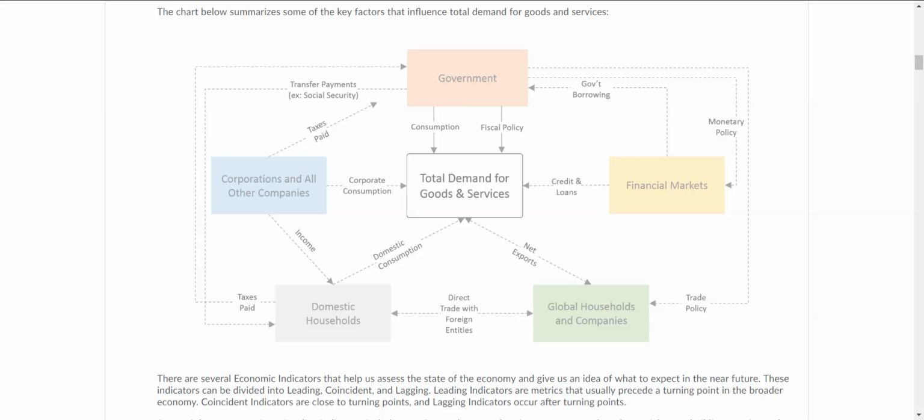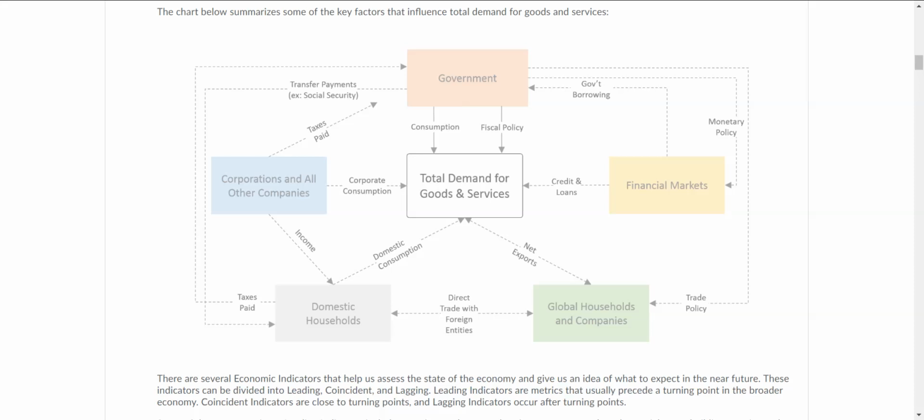Same thing with global growth. If the global economy is growing, then you're going to see a rise in exports and imports. And exports would impact the total demand for goods and services produced within the U.S. Financial markets. If it's easy to get credit and loans, then consumers are going to be more likely to borrow, which will increase the money supply for consumers, which is going to increase total demand.